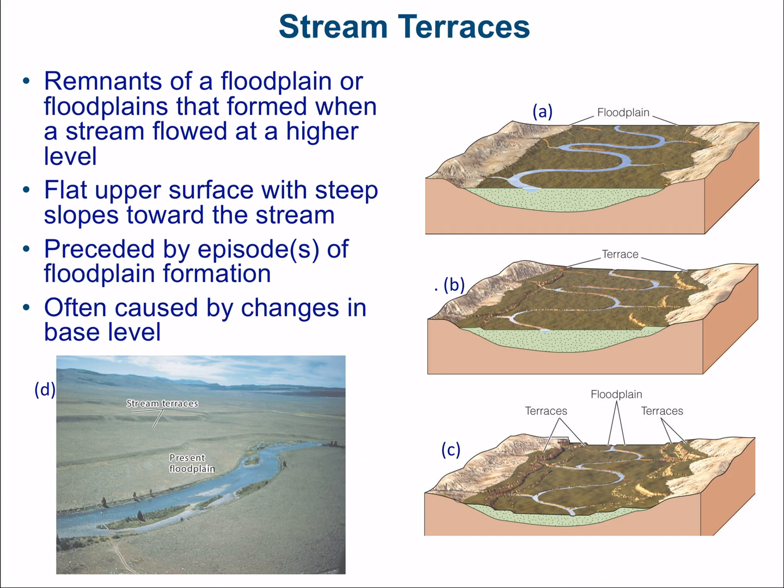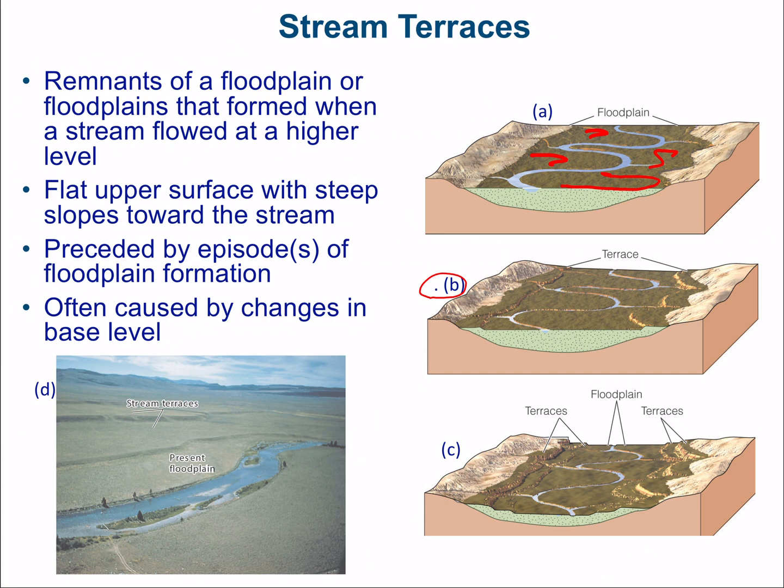So in this first picture, A, we see a stream that has a very broad floodplain. Remember, our floodplain is all this area on the side and bordering our stream. Then in picture B, you see our stream has eroded downward and we have a new floodplain at a lower level than we did in picture A. In picture C, we have another level of our terrace being formed as your stream continues to erode.